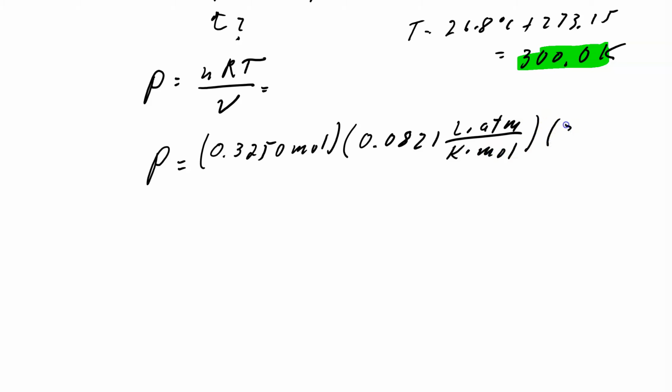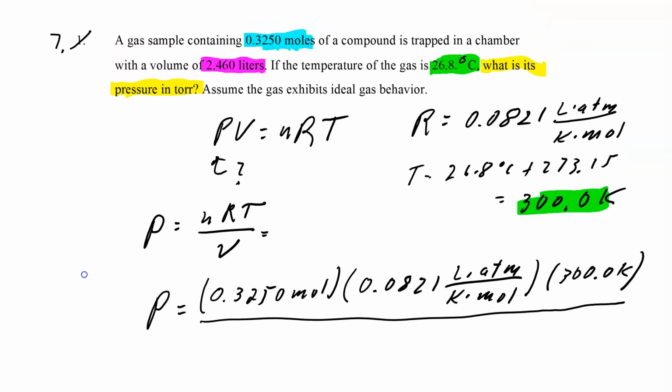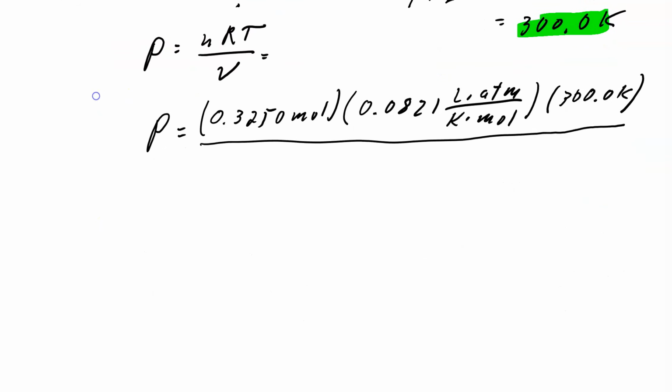And our temperature, 300.0 Kelvins. And then downstairs we have the volume. The volume is given as 2.460 liters.